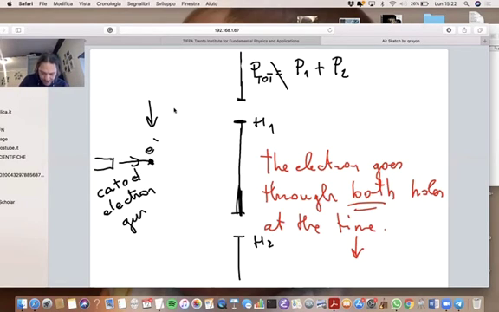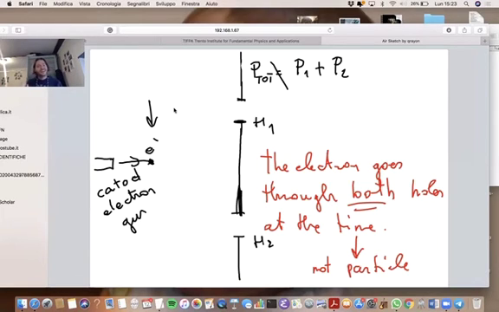The electron is not a particle. Then maybe it's a wave, because waves go through holes at the same time. So if I look at this property of the electron, the probability, the fact that it generates interference patterns, I must conclude that the electron is a wave.